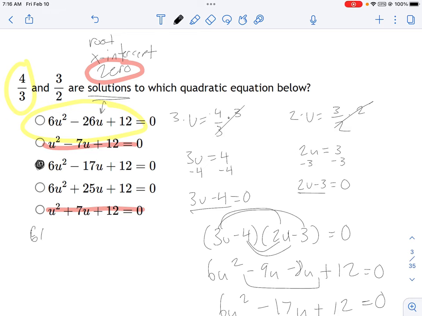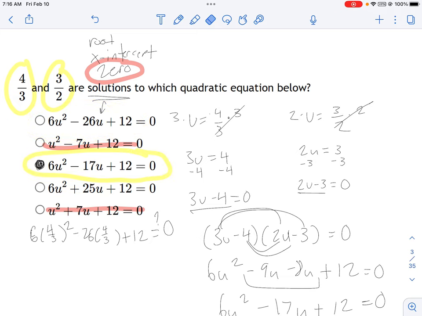So it would be 6 times 4/3 squared minus 17 times 4/3 plus 12. And if you get 0 back, then you know that 4/3 is a solution to that equation. Then you'd have to also check it for 3/2. If they both come back as 0, then they're both solutions, and that would be your answer. So you would have gotten the same answer. This one would actually work for both solutions.